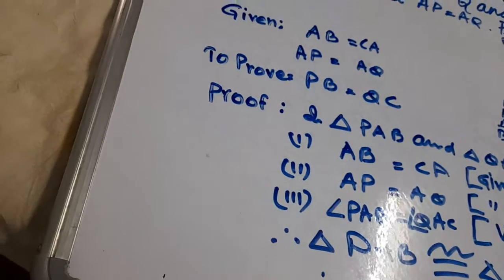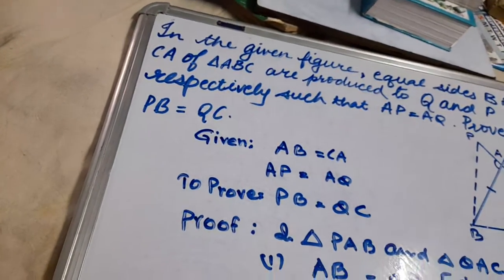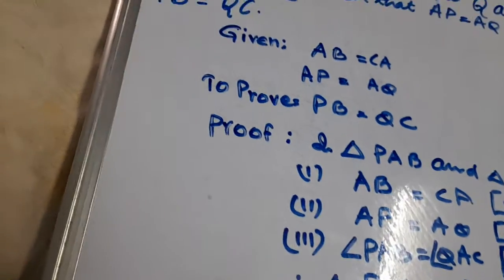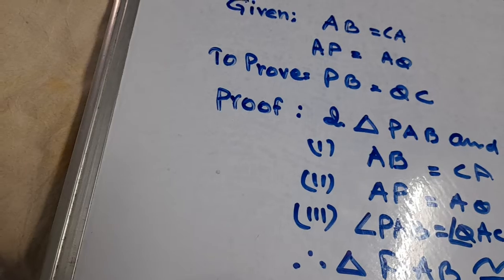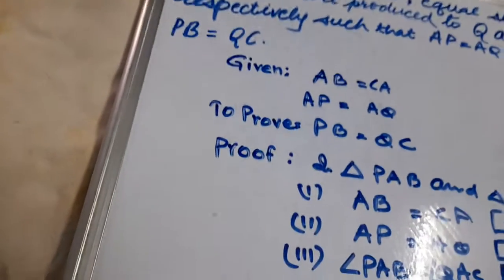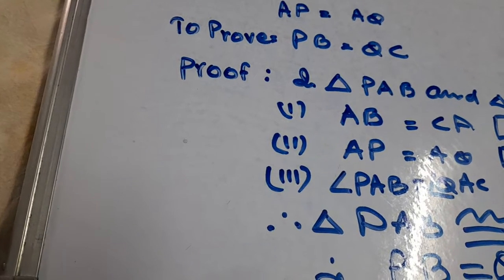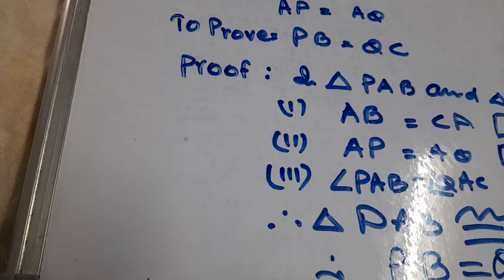So what was to prove? PB is equal to QC. CPCT: corresponding parts of congruent triangles. And this is proved.